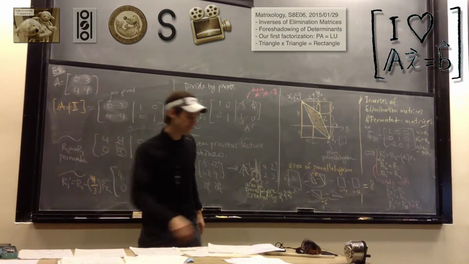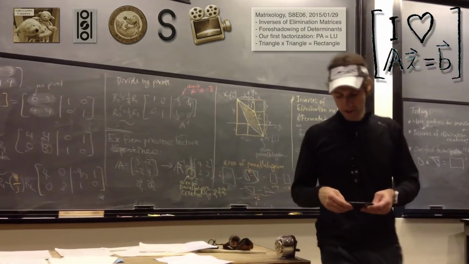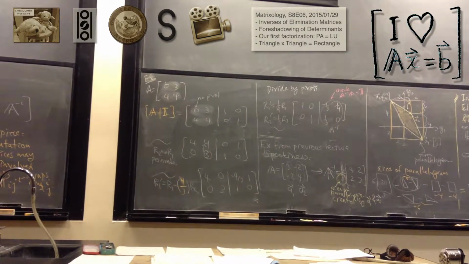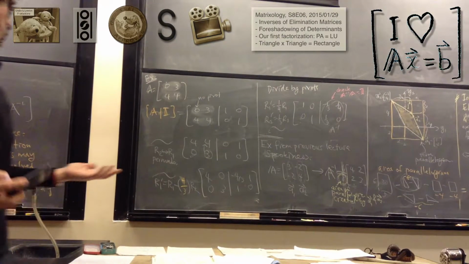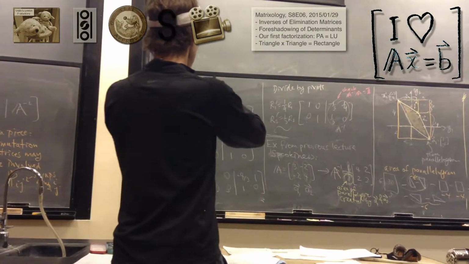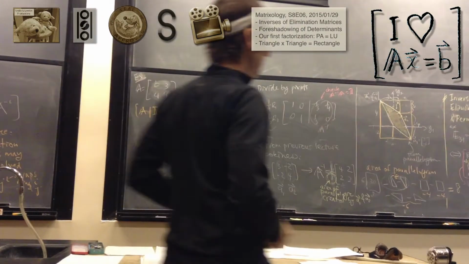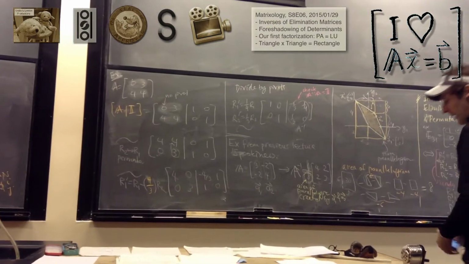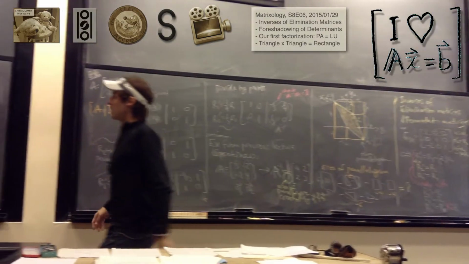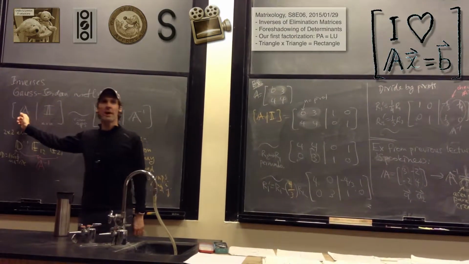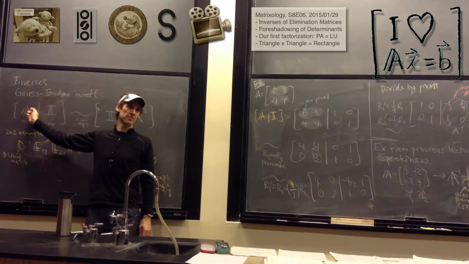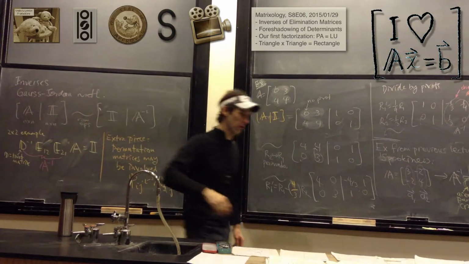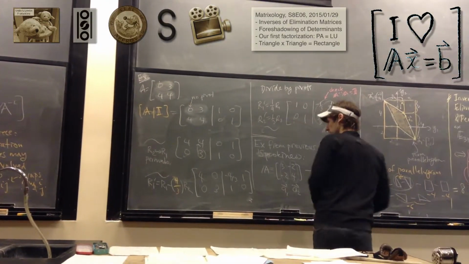This is a beautiful moment, because we worked very hard on our inverses, because I wanted to tell you all about inverses, so we just did that. But now we don't have to do all these for elimination matrices. We're not going to have to do this. We're just going to know what the inverses are, because we can tell the story of how these little gadgets function.